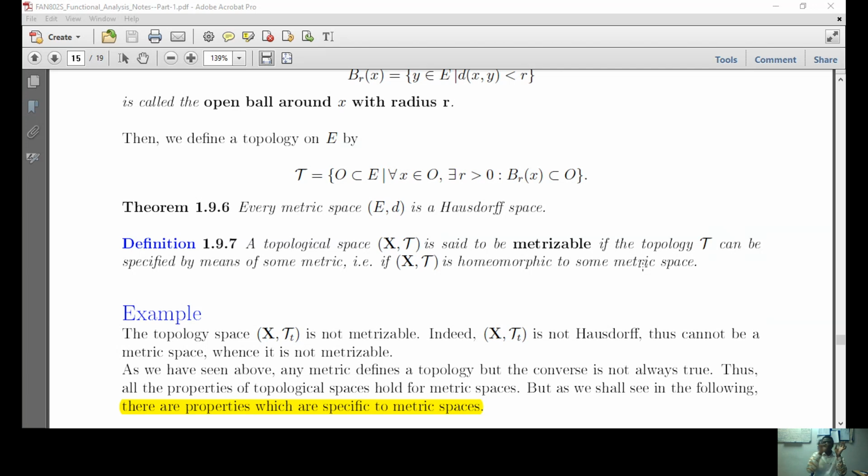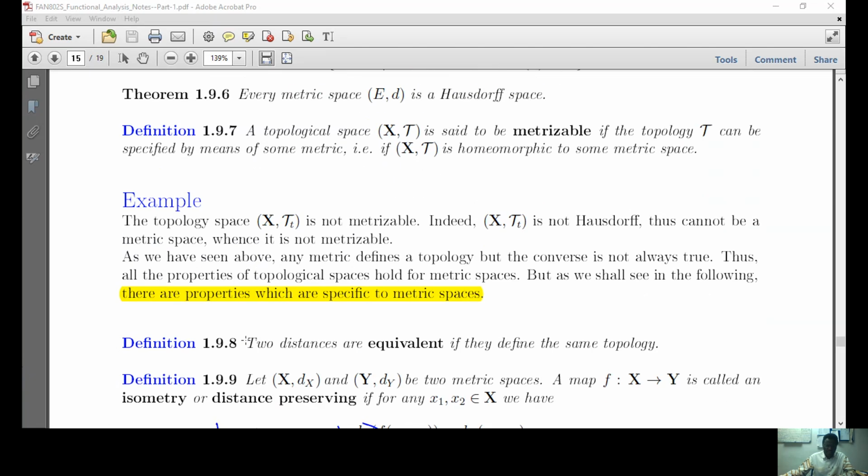So if we can find a homeomorphism between these two spaces, then we will say that our topological space is metrizable. Right.